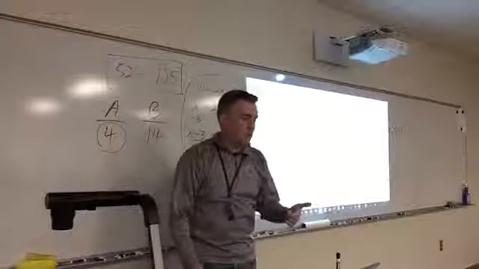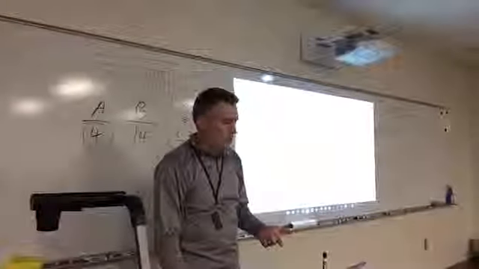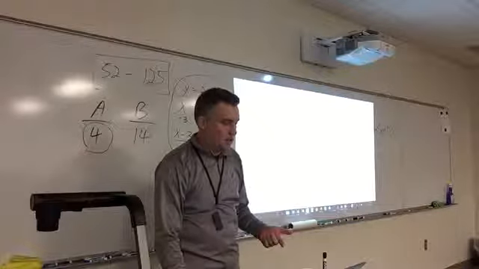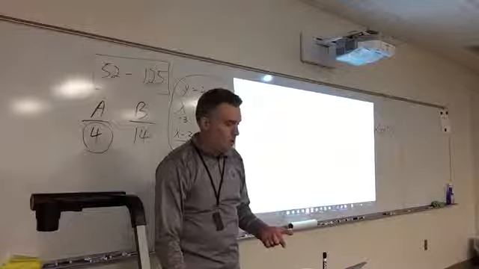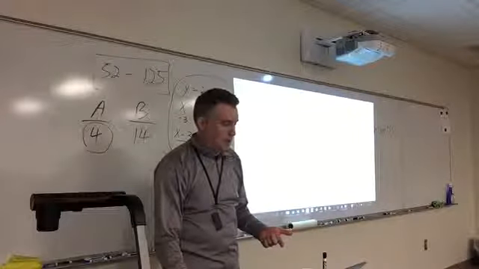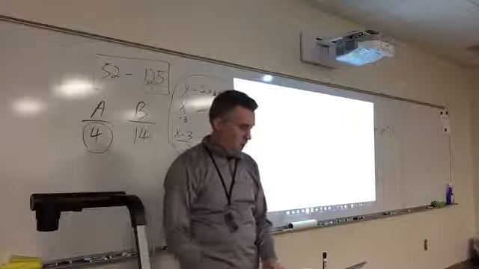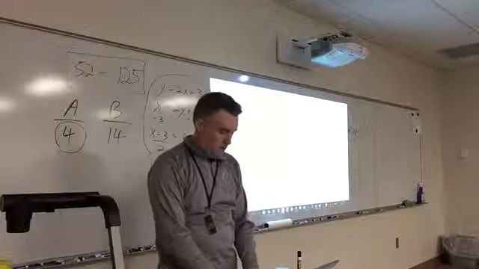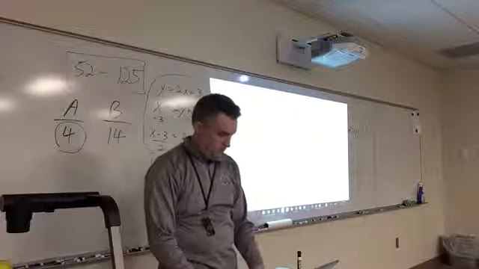I'm going to just refresh your brain about the toothpick example we did. When we did the toothpick example, you might recall that the formula was 1.5x squared plus 1.5x. I don't expect you to remember that.